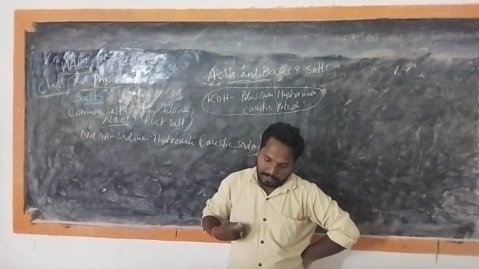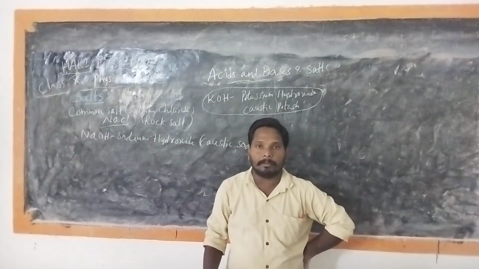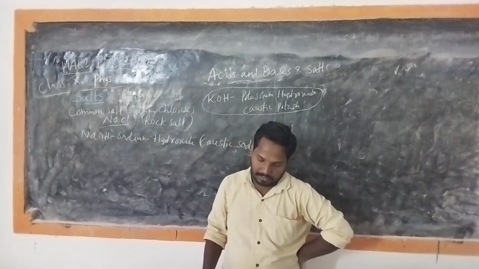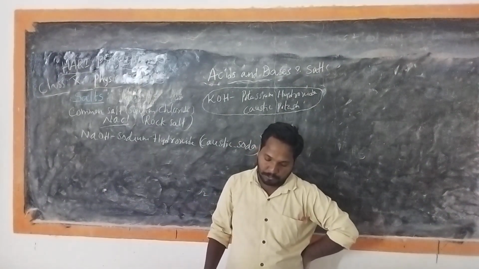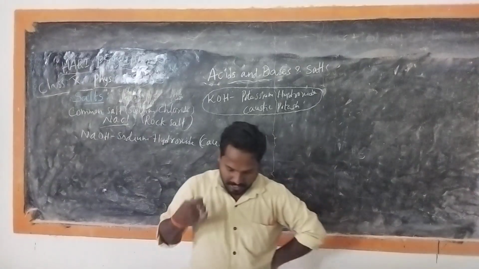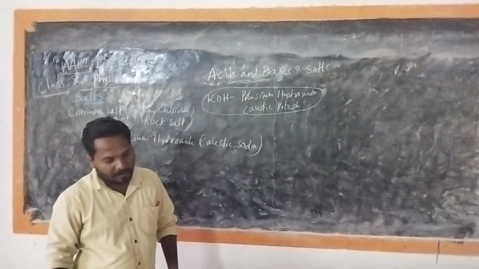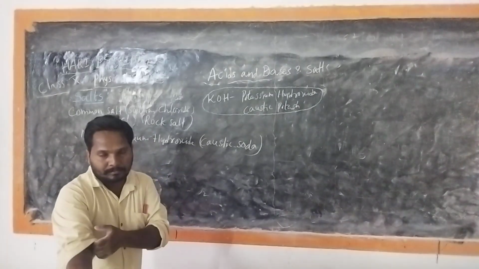Production: the raw material for production of sodium hydroxide is sodium chloride, or common salt. Sodium hydroxide is produced by the electrolysis of a concentrated aqueous solution of sodium chloride.